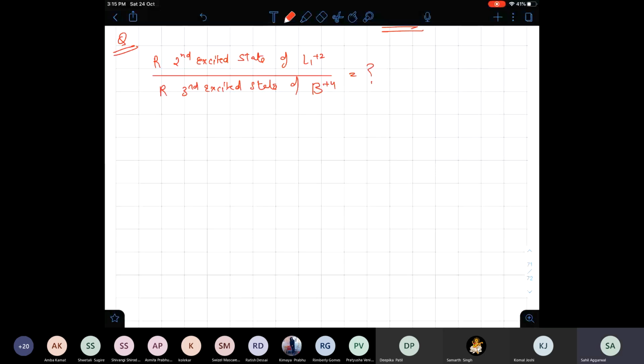Now here we should know the nomenclature. N equal to 1 is called ground state. N equal to 2 is called first excited state.